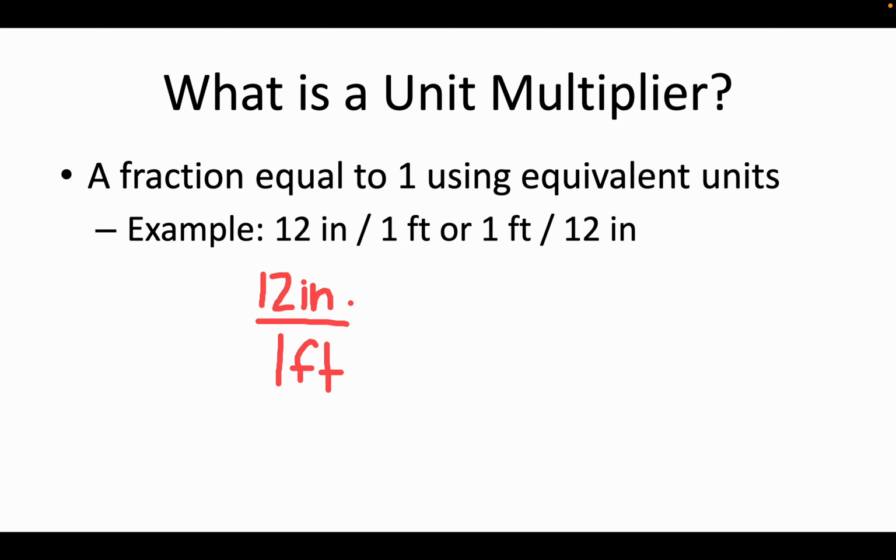So 12 inches over 1 foot. This number is equal to 1 because both of these measurements represent the same distance, but they're just different units. And we can also write the reciprocal of that, meaning just flip over the fraction. So 1 foot over 12 inches. The same distance, just different units.